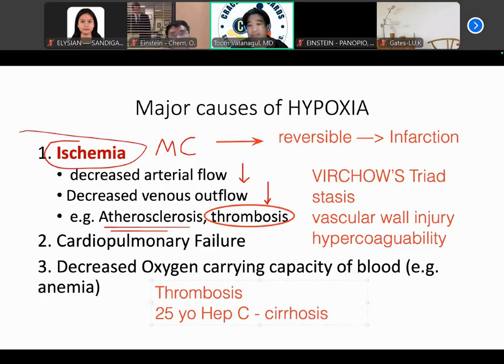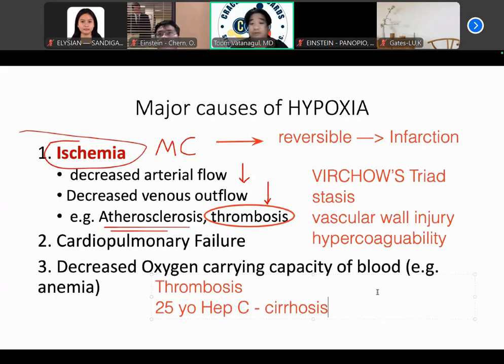So in this age group, you'd probably think this is a vertical transmission of hep C or from blood transfusions. The patient develops thrombosis specifically of the hepatic vein.